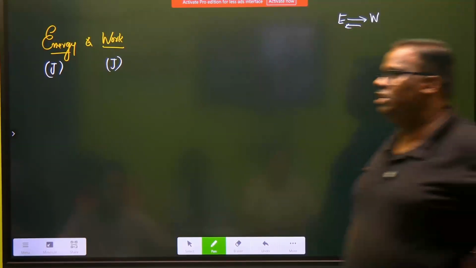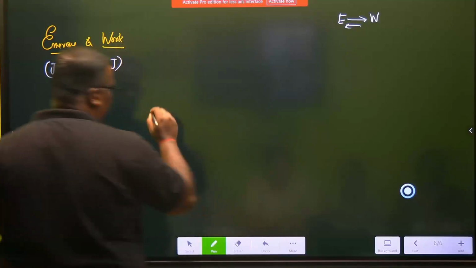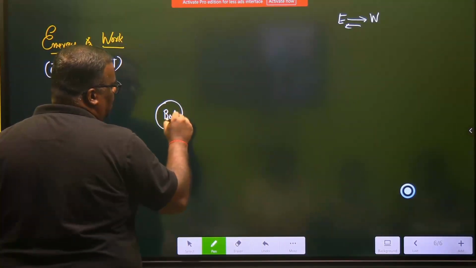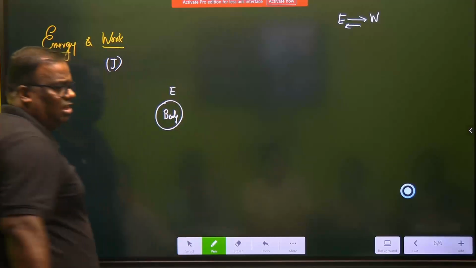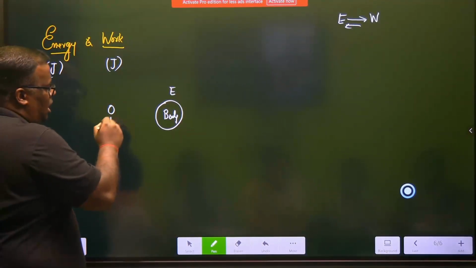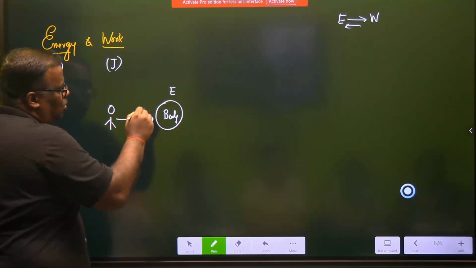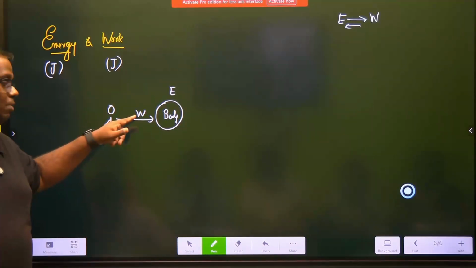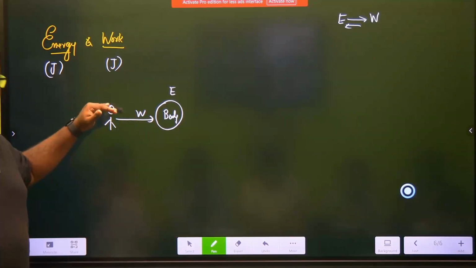Now the question comes, suppose we have a body and it has E amount of energy with it, and you have performed W amount of work on this body. What does the conservation of energy say? Energy can neither be created nor be destroyed. Now obviously you have performed W amount of work, means you have burned down energy.